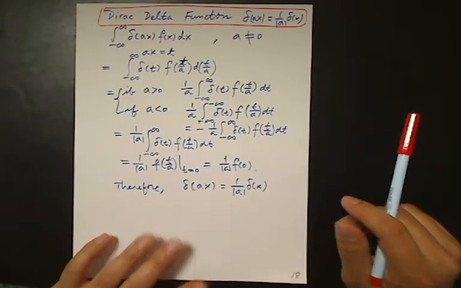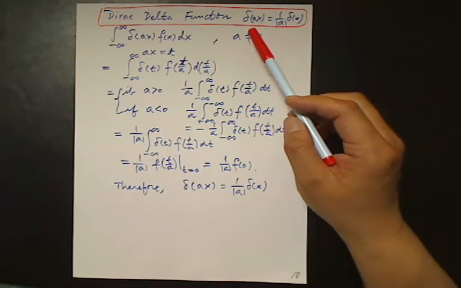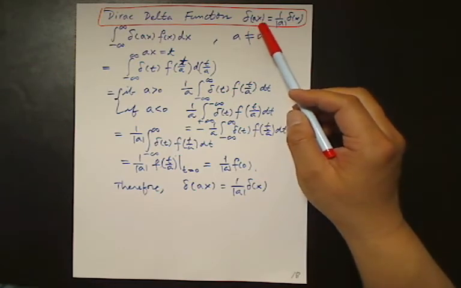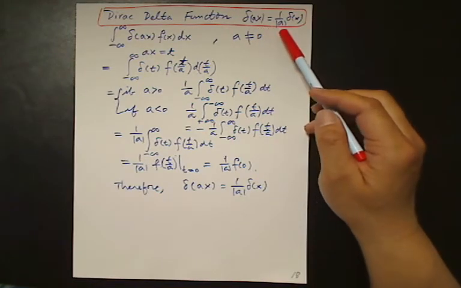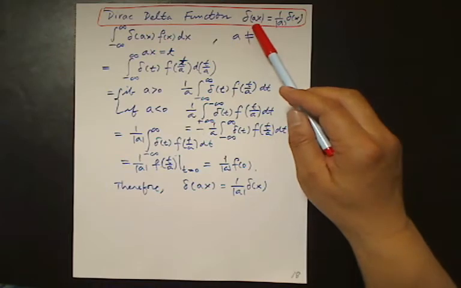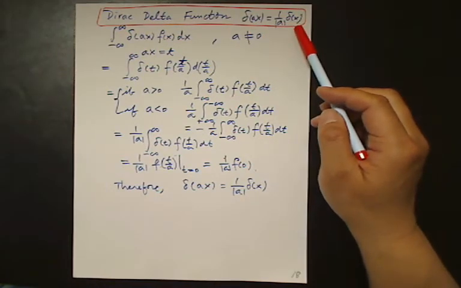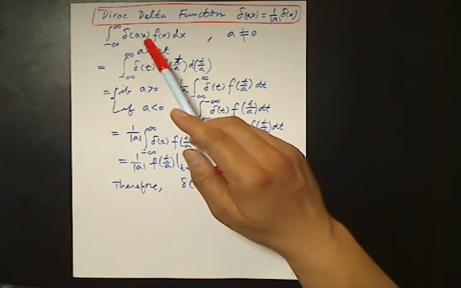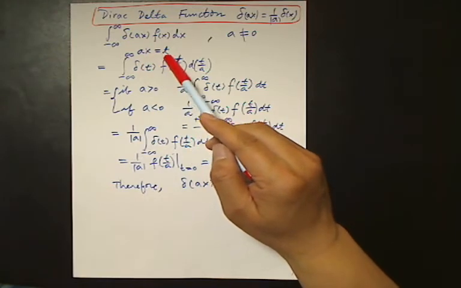Next, we consider the case where a constant is multiplied to the argument of the delta function. The result is 1 over the absolute value of this coefficient multiplied by a simple delta function. Let's see. We substitute, changing the variable ax to be t.